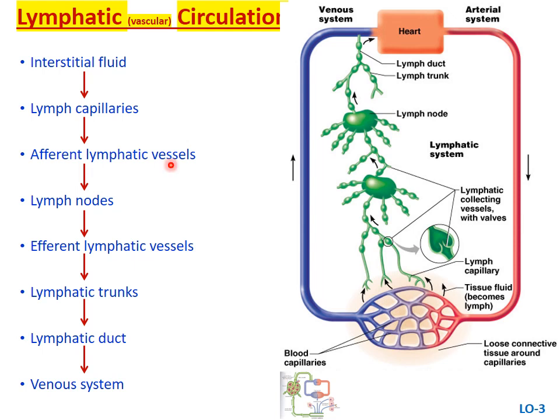Because if you see here, this is the vein, so ultimately all the 10% that was cleaned by this lymphatic system was circulating and ultimately drains into the veins.